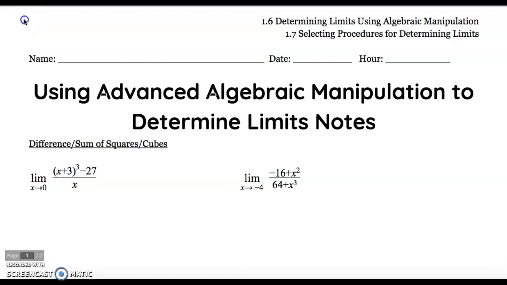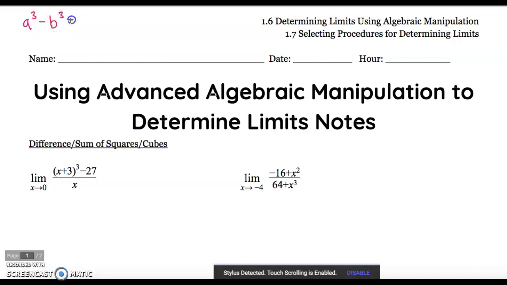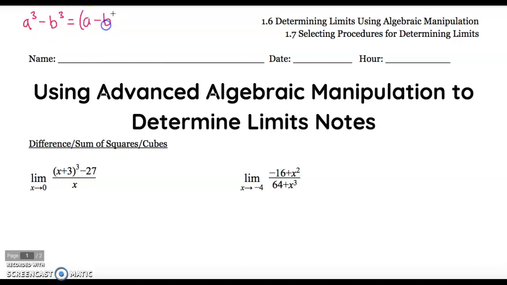So if you have something cubed minus something else cubed, you can rewrite that difference of cubes as a minus b times a squared plus ab plus b squared. And then if you have the sum of cubes, it looks very similar, but some of our operations are going to be opposite. So a plus b times a squared minus ab plus b squared.